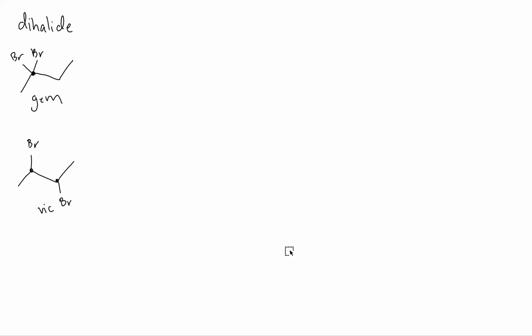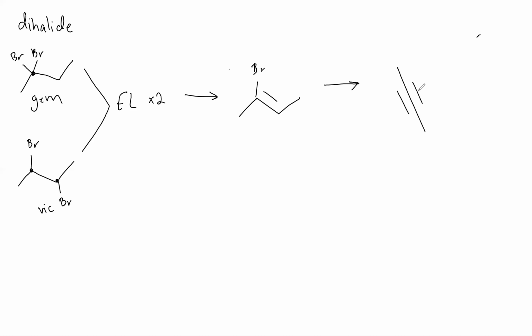But anyways, I digress. Whenever we have a dihalide, we can undergo elimination twice. When we undergo elimination once, we form one double bond. When we undergo elimination again, we form another pi bond, and as a result, we create our alkyne.